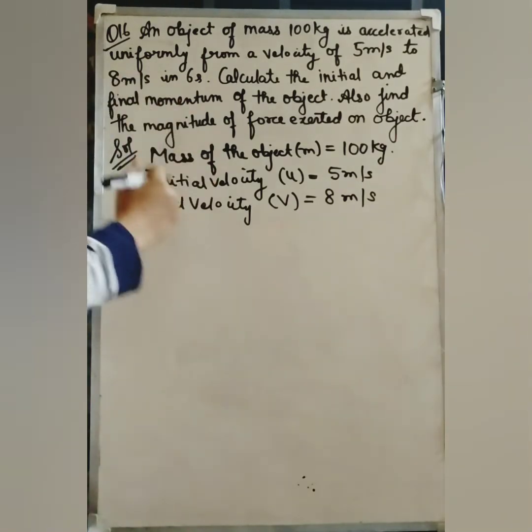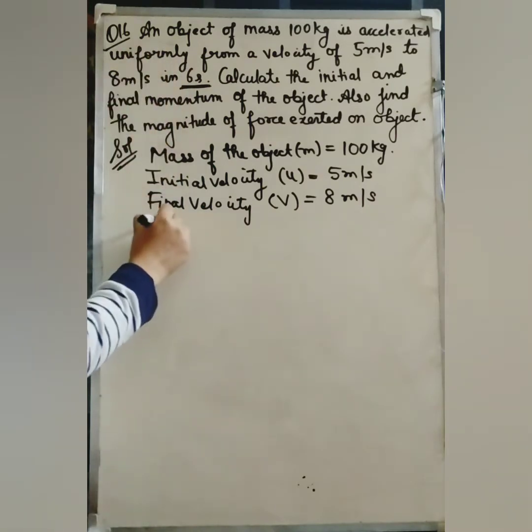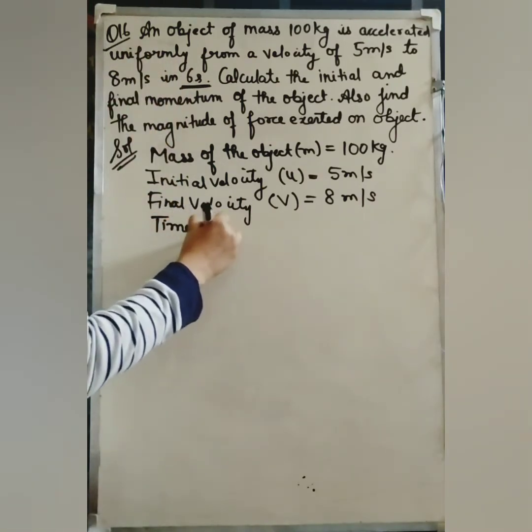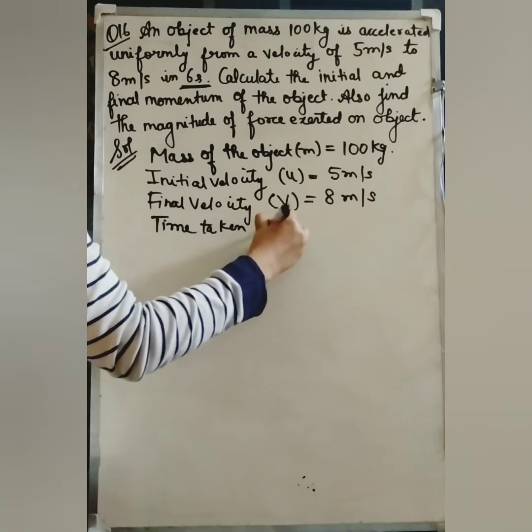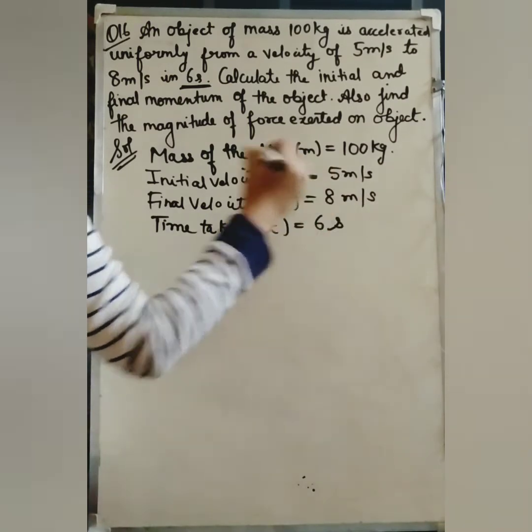And this velocity change has taken place in how many seconds? It has taken place in 6 seconds. So time taken, that is small t, is 6 seconds.